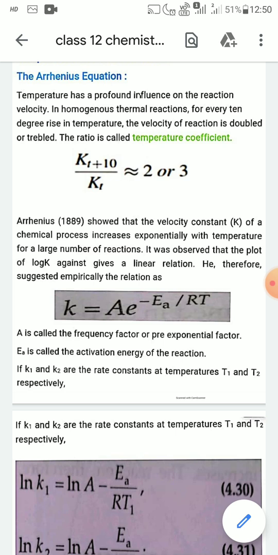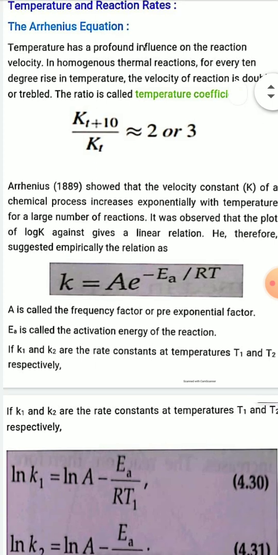The Arrhenius equation is K is equal to A into e to the power minus Ea by RT, where capital A is called the frequency factor or pre-exponential factor, Ea represents the activation energy of the reaction, which I will discuss later, R is the universal gas constant, and T is the temperature in Kelvin scale.